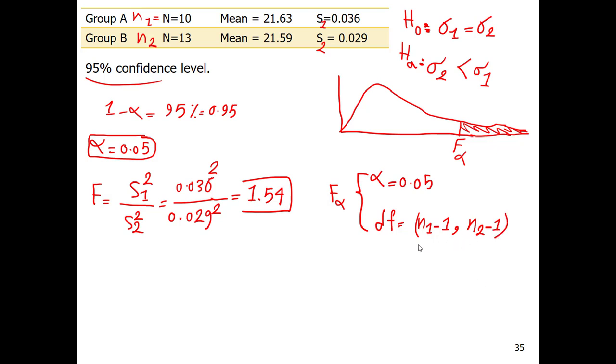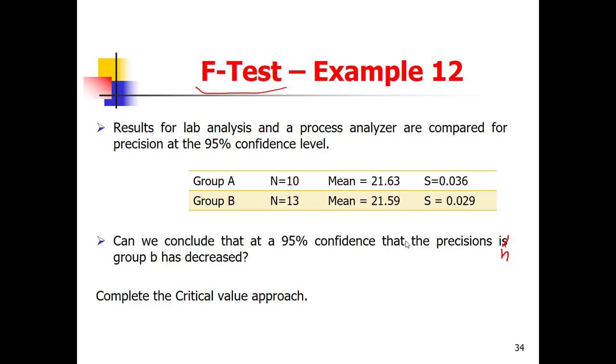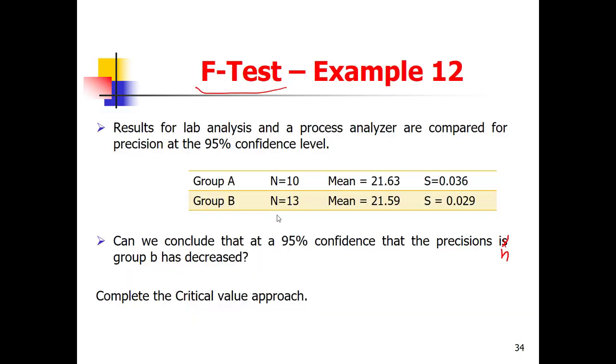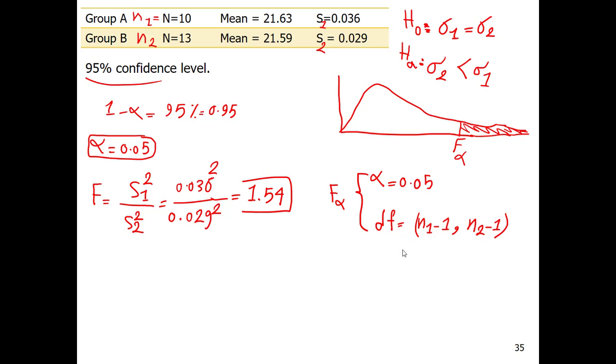How we know degree of freedom is like that is based on the definition. So n1 is 10, this is my n1, this is my n2. n1 is 10, so n1 minus 1 is 9. n2 is 13, n2 minus 1 will be 12. So for 9 and 12.